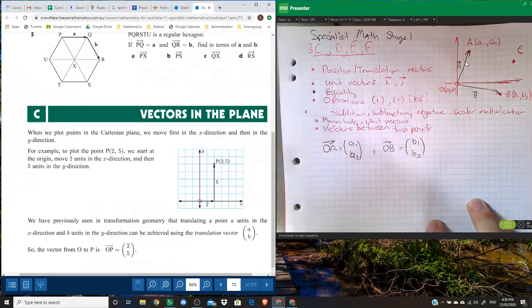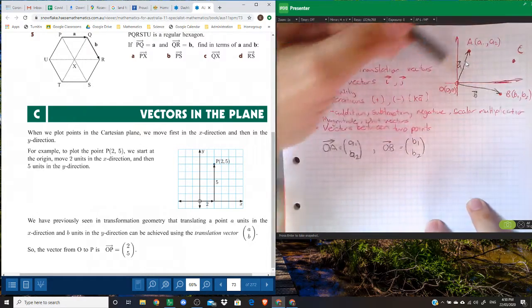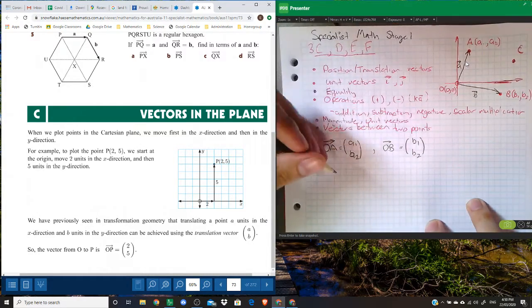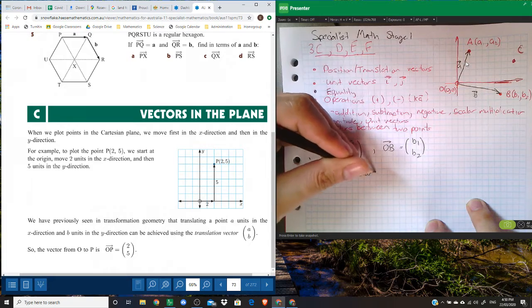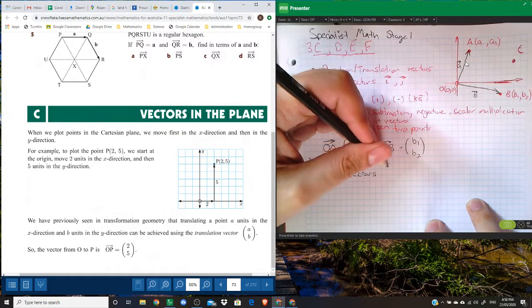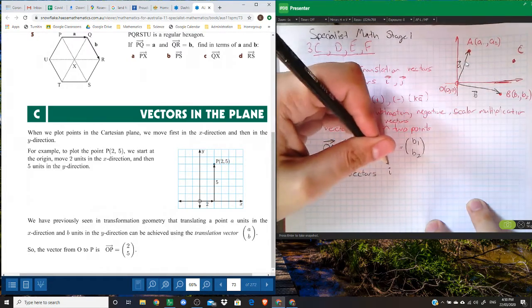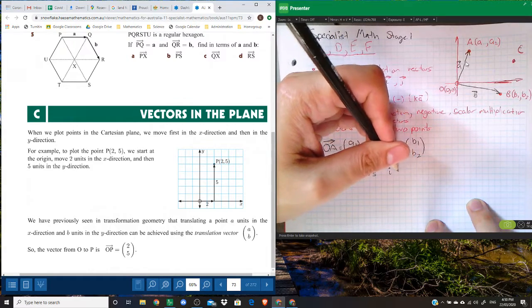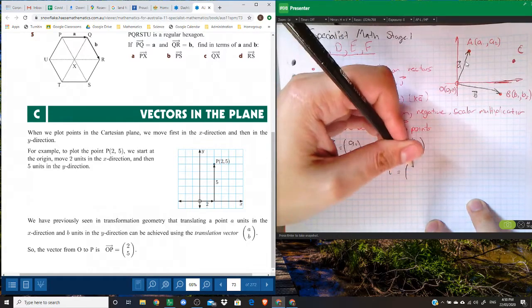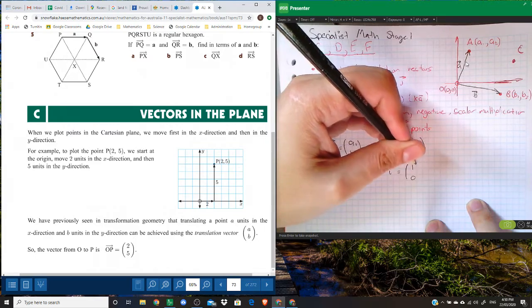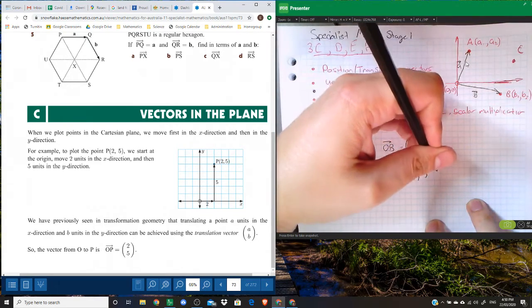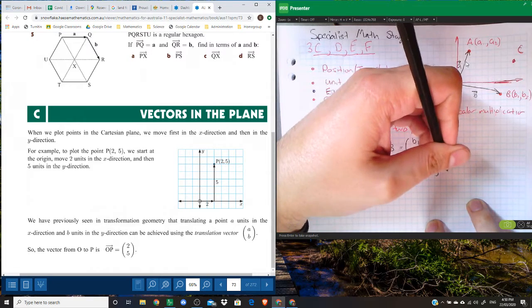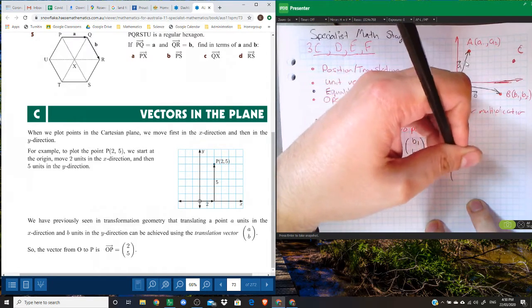All right, now when we're talking about this in terms of component form, we're going to introduce a couple of vectors, the unit vectors. i moves you 1 unit in the x direction, and is represented as such. j moves you 1 unit in the y direction, and is represented like this.